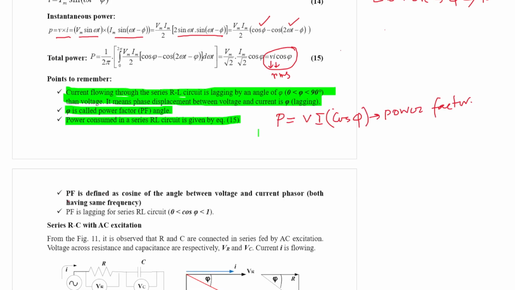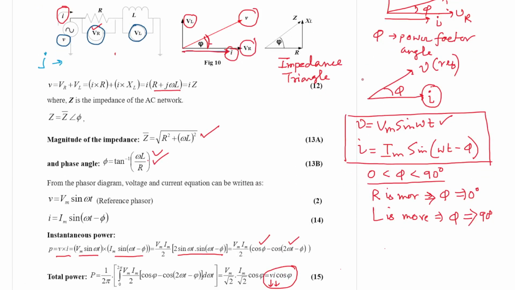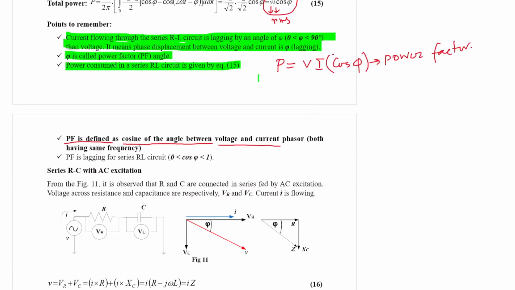Power factor is defined as the cosine of the angle between the voltage and current phasor. You see this diagram, it is the cosine of the angle between voltage and current phasor.